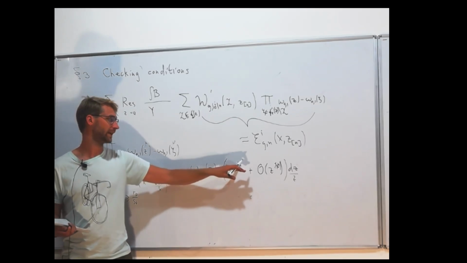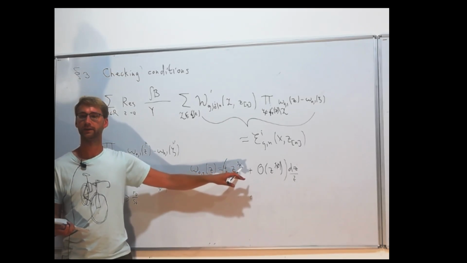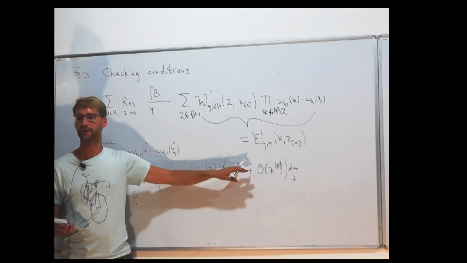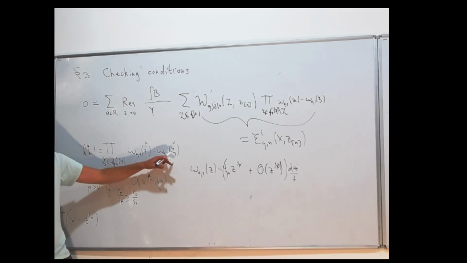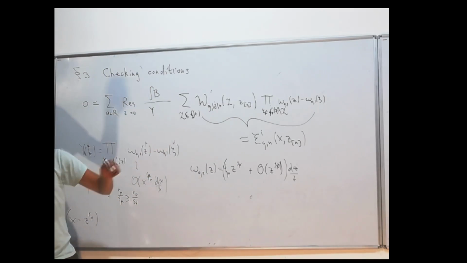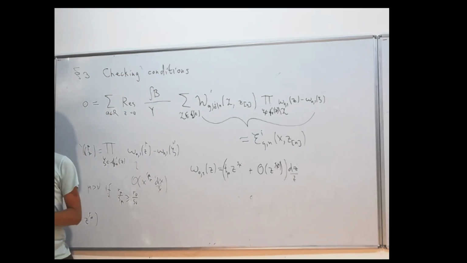But if S and R are not co-prime, then two different rth roots will have the same S power. So again, you would have the issue that these leading orders will cancel against each other. And that is why this last condition is necessary.